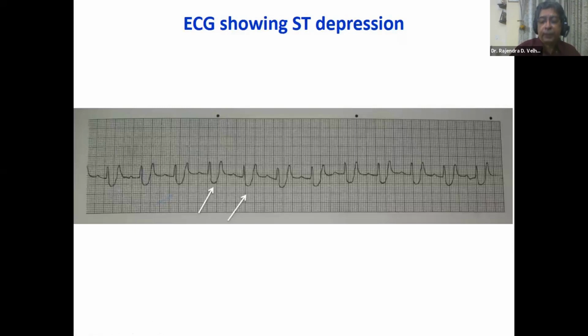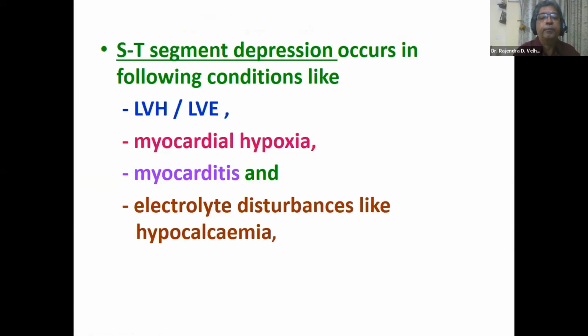It is associated with left ventricular enlargement or left ventricular hypertrophy, myocardial hypoxia, myocarditis, and electrolyte disturbances like hypocalcemia. So you can think of these conditions when you see ST segment depression.